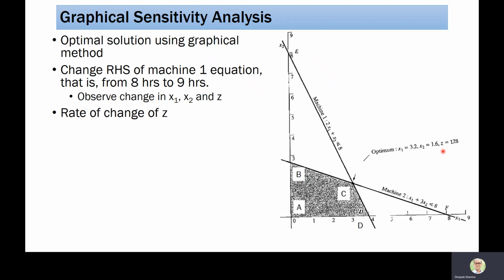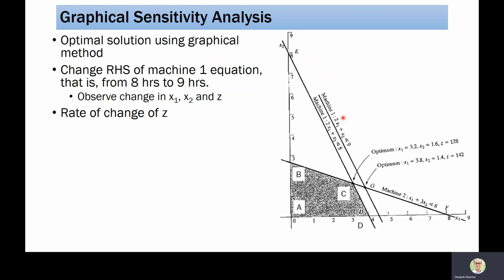Now, as you remember, we will be looking at the sensitivity with respect to the right hand side. For machine one, the right hand side is 8, meaning the capacity is 8. If I increase this capacity from 8 to 9, what could be the change in X1, X2 and Z? Here you can see another equation corresponding to the right hand side 9.